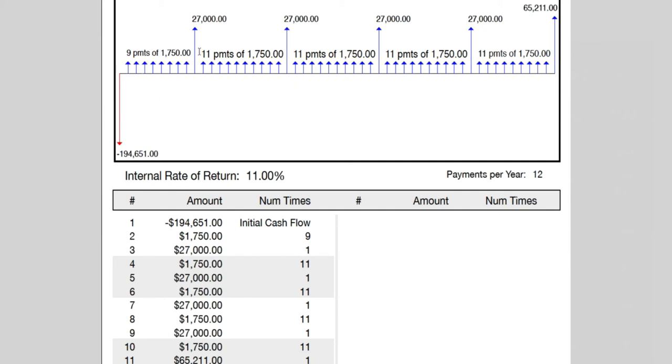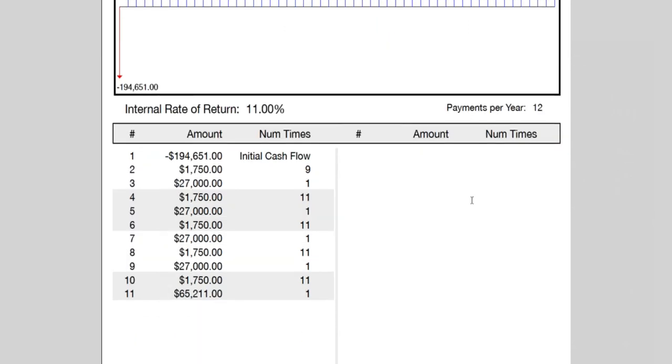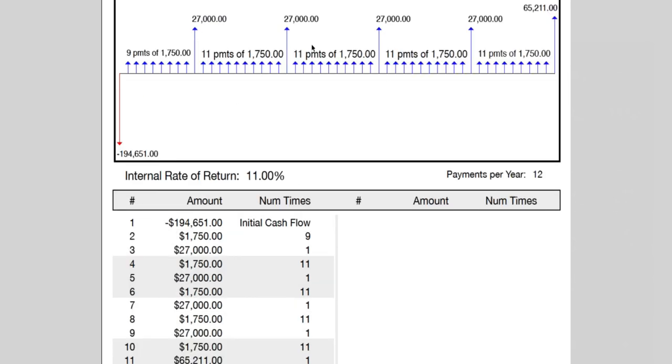You get 9 of these, then 1 of those, 11 of those, 1 of those. So I think it's a really great tool, and it also shows the internal rate of return based on these numbers.